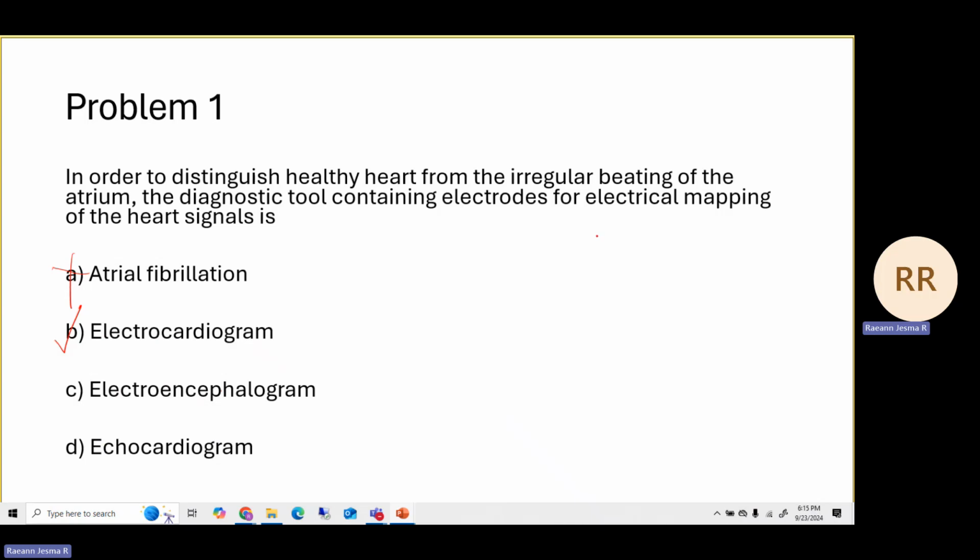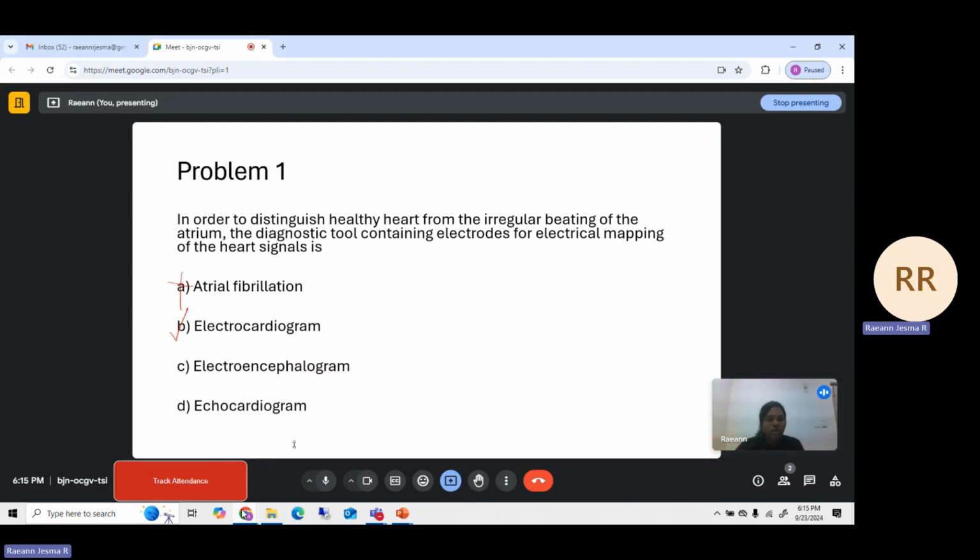Let's say the person is having chest pain because they have a narrowed or blocked heart artery, then they can find that out using an ECG machine.